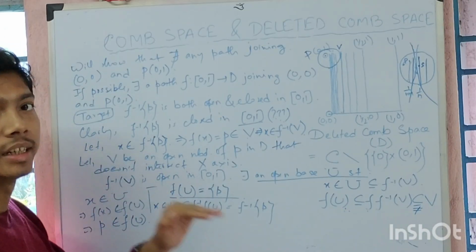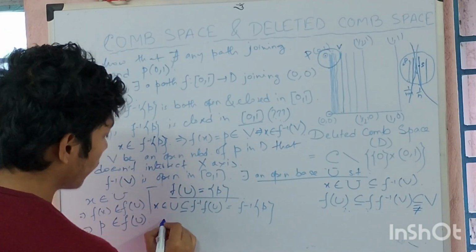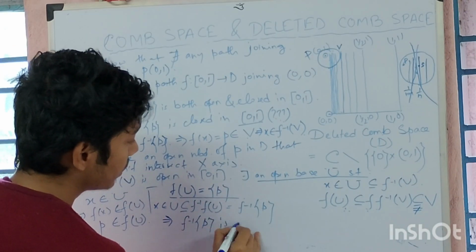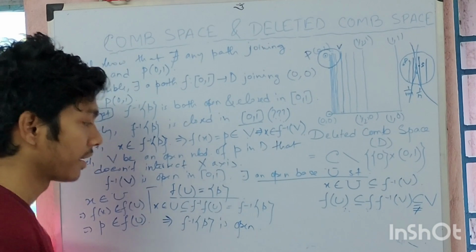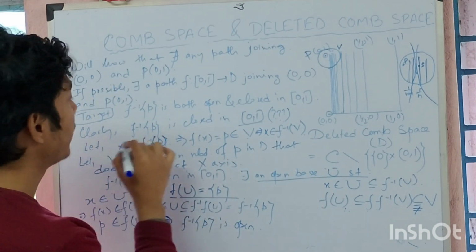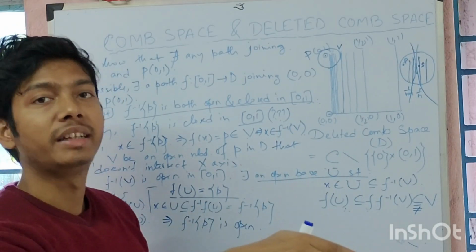So every point in F inverse P is an interior point. That's why it implies that F inverse P is open. Clear? My target was to prove that F inverse P is both open and closed, and I have reached my target.